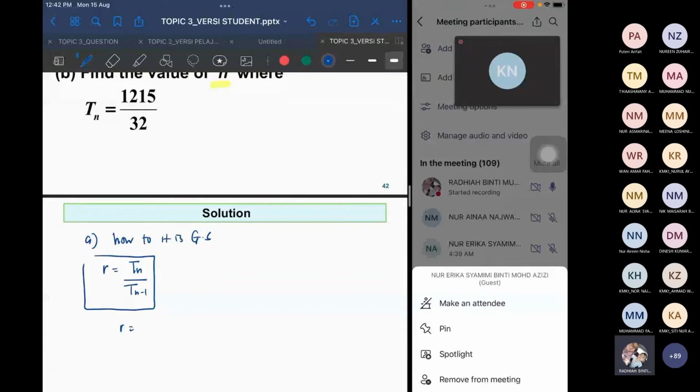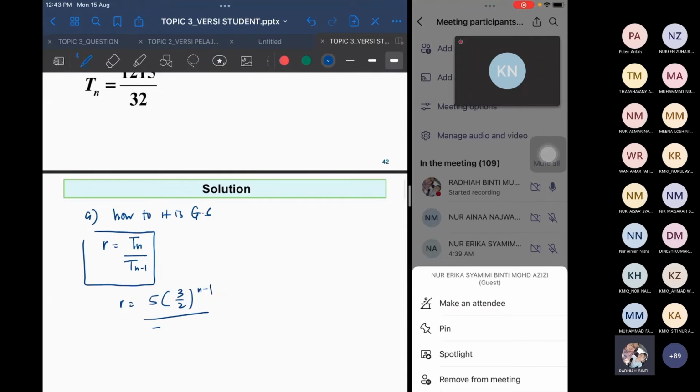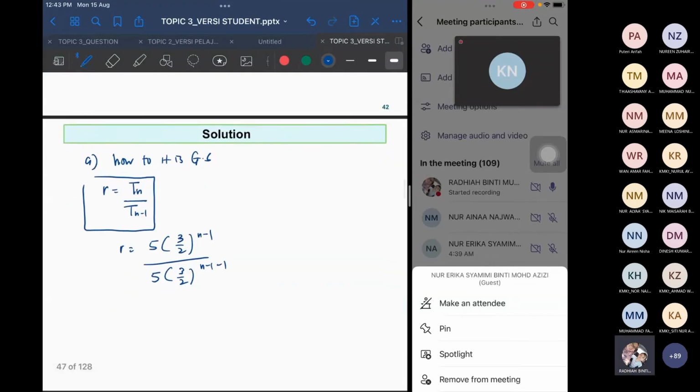Okay. So our R is equal to. Okay. So you punya Tn adalah 5 darab dengan 3/2 power of n minus 1 divide by Tn minus 1. So 5 darab dengan 3/2 n minus 1 tolak 1. Kan? Okay, so kita solve. Okay, so kita tengok 3/2. Base dia dah sama kelas. So 3/2 kuasa n minus 1. Kan yang ni AM divide by AN.